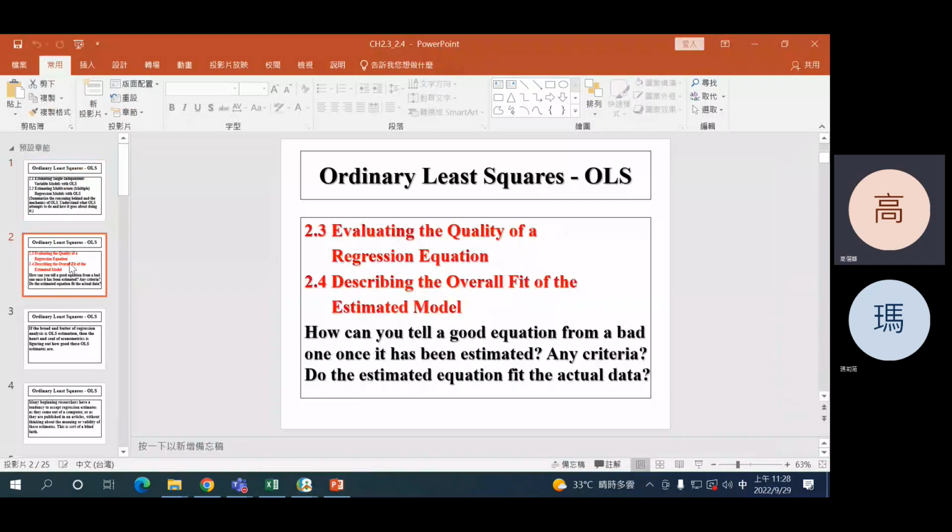In the third session, I'm going to talk about how to evaluate the quality of a regression equation and also describe the overall fit of the estimated model. In these two sessions, we are going to learn how you can tell a good equation from a bad one once it has been estimated. Do we have any criteria? Does the estimated equation fit the actual data?